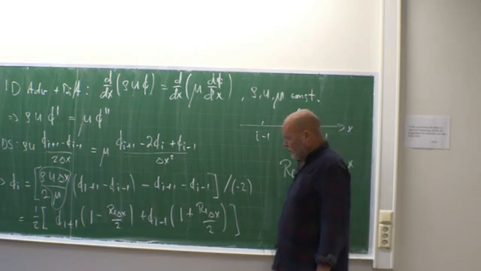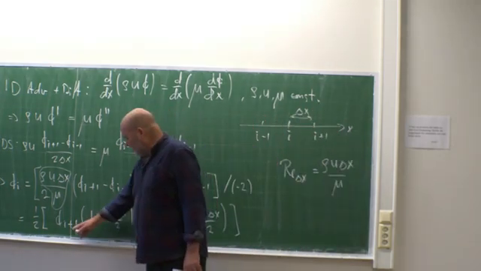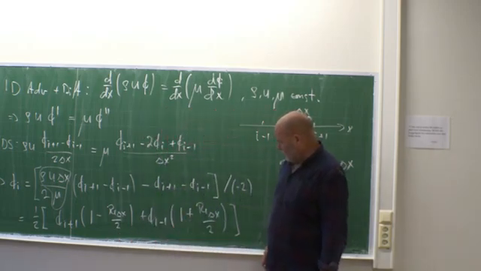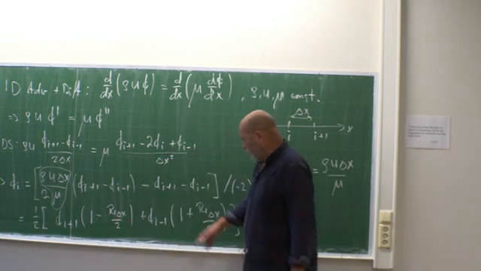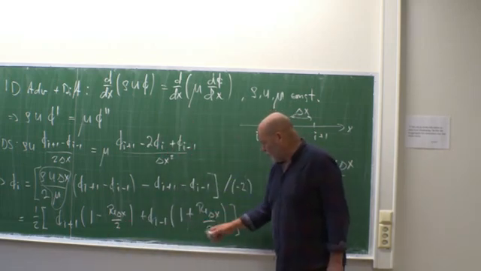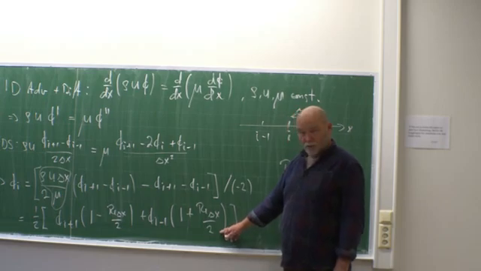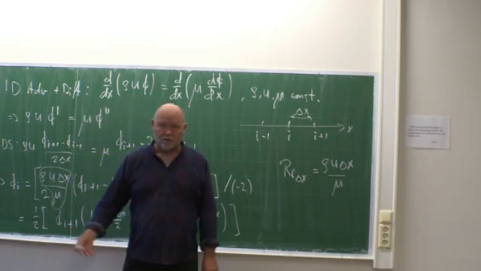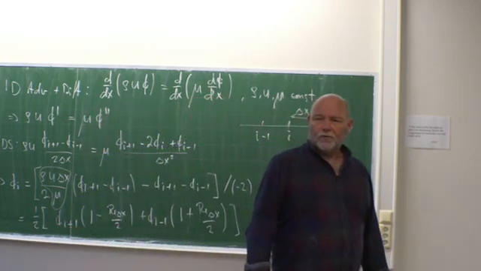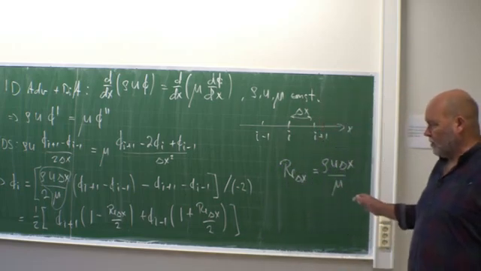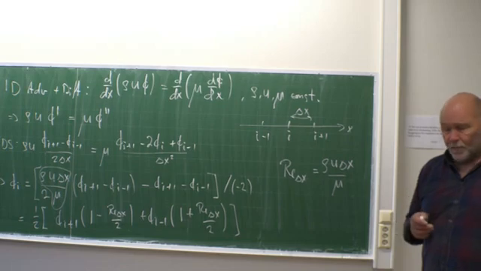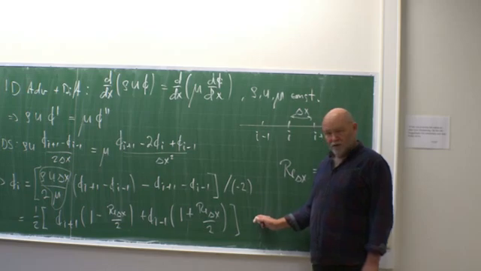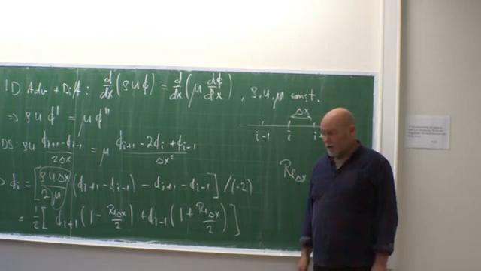And it goes as follows. You add all the coefficients for all the neighbors. Here you see you have 1 minus Reynolds number half and 1 plus Reynolds number half. The sum will be 2 divided by 2 equals 1. That happens very frequently, that the sum of all the coefficients becomes 1. If that happens, then you have one demand to make it stable: all the coefficients have to be positive.